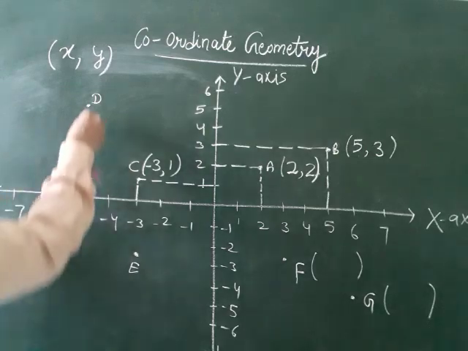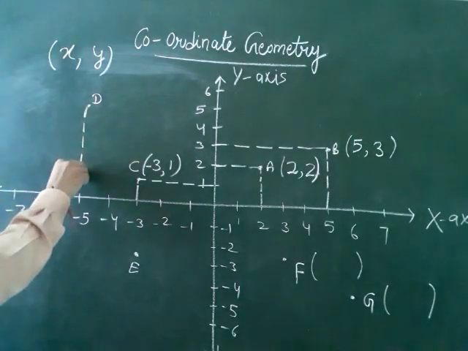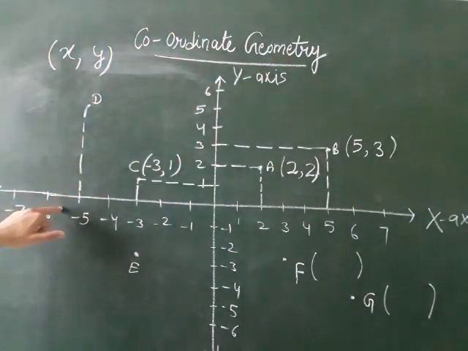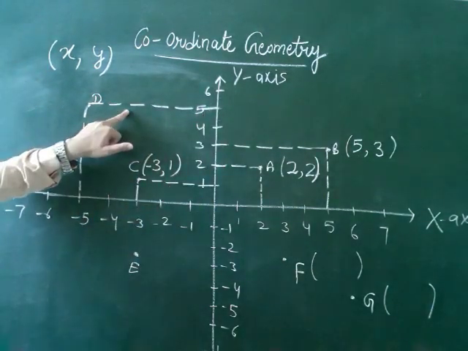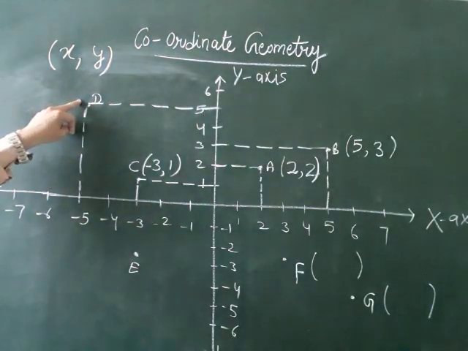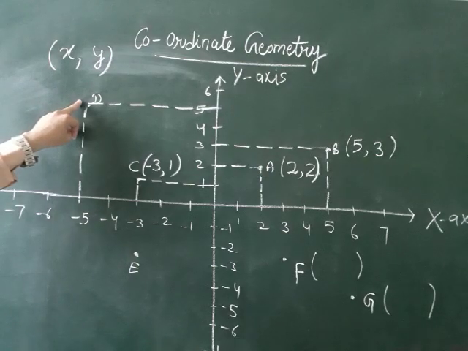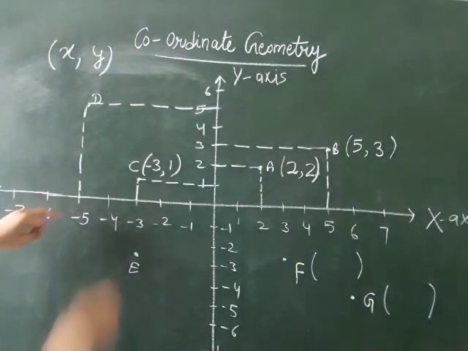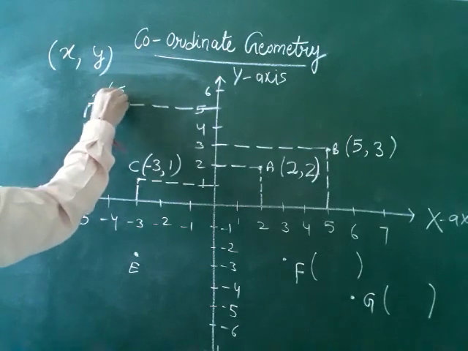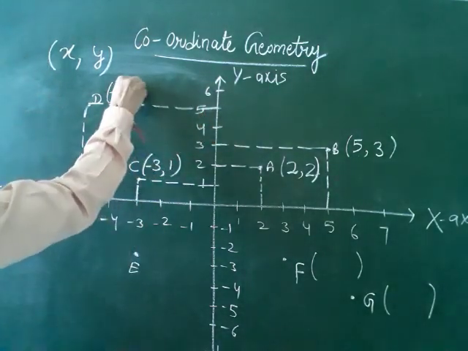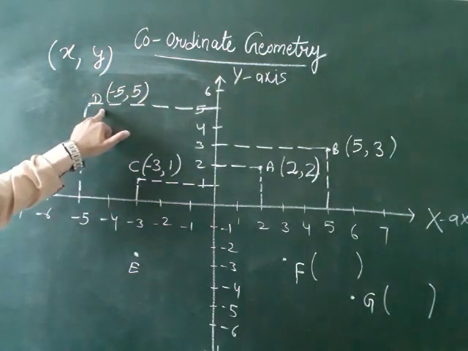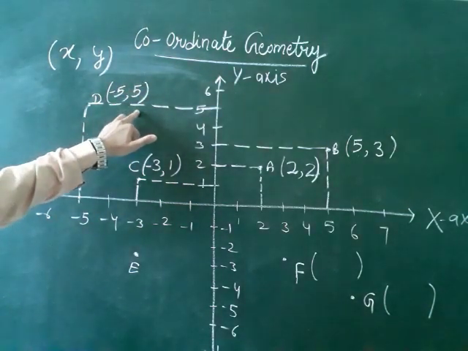From point D, draw a perpendicular on x-axis, draw a perpendicular on y-axis, read out the value of x first. x is -5, comma, and y is +5. So the coordinates of D is -5 and 5.